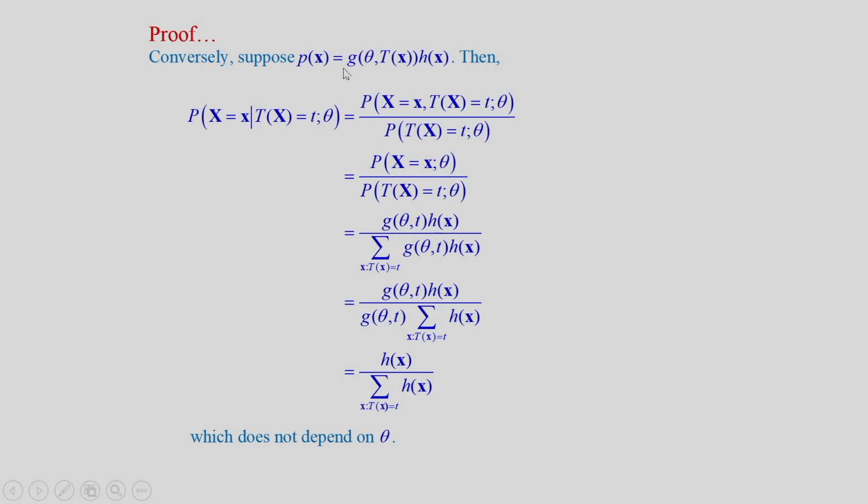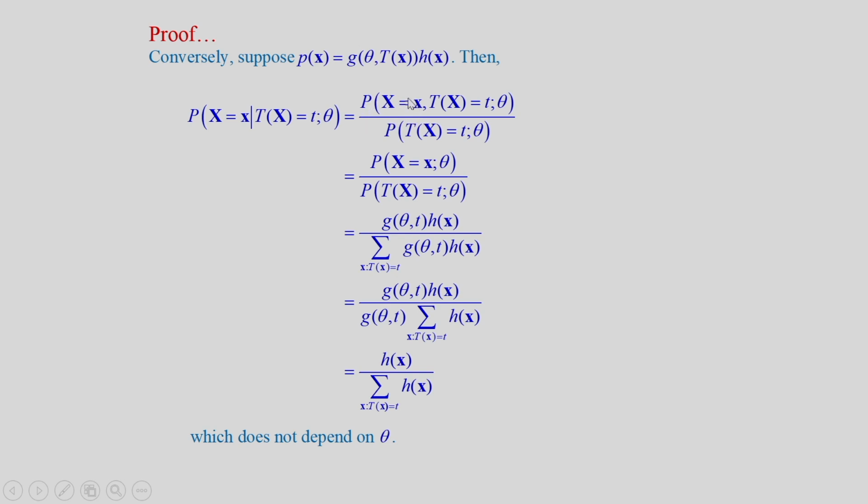Suppose P(x) is equal to g(theta, T(x)) into h(x). This is true. Then we have to show that T(X) is a sufficient statistic. Now, this conditional PMF, probability that X is equal to small x given that T(X) is equal to t as a function of theta.